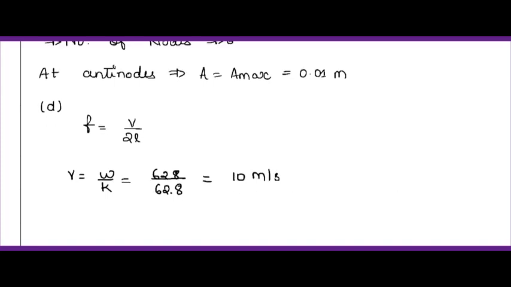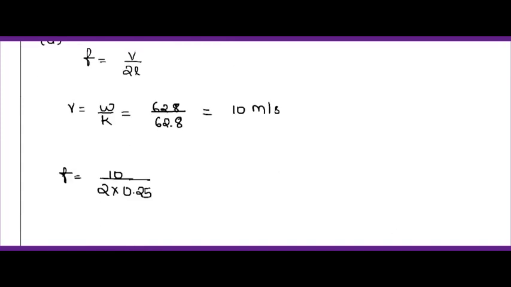And if we put this in our formula, our f will be 10 upon 2 into length, which is 0.25. So if we simplify it, it will be 0.5, which is equal to our how much? It will be 100 by 5, which is 20 hertz.